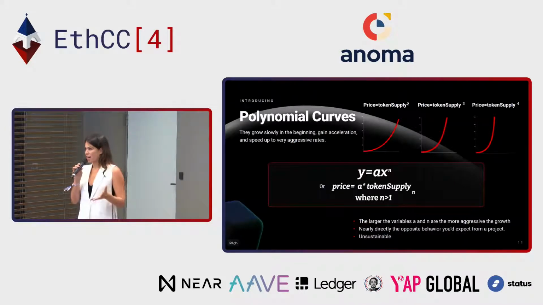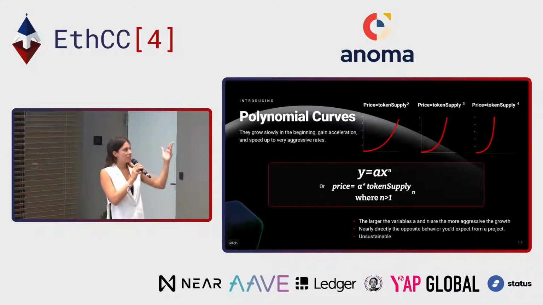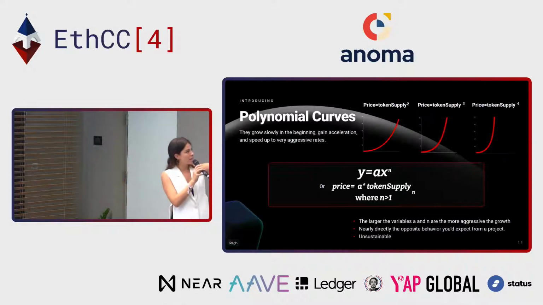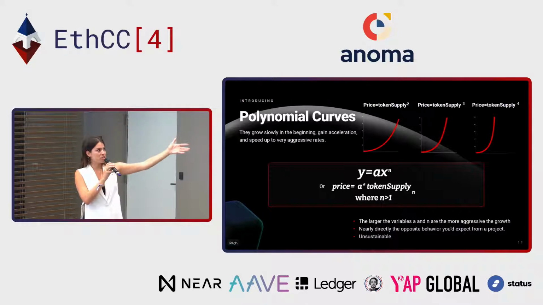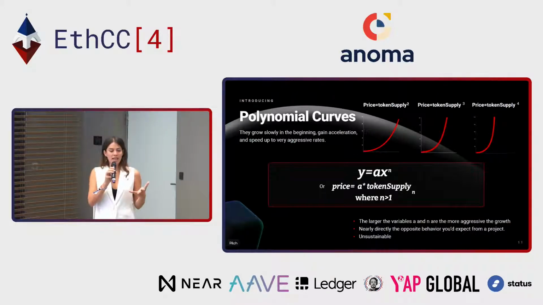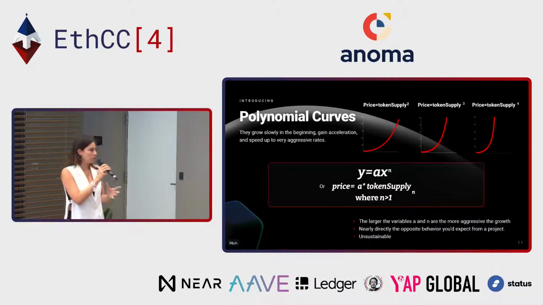This is about the exact opposite of what you'd want when you're launching a token for fundraising for a project, because you have your early investors come in there in the beginning, there's not much price movement, and then as soon as a lot of investors come in, it starts moving at unsustainable rates. So whether you were the first investor or the 10th investor, it may not make that much difference, but then you come in a little bit later and the price is just going wild, which really just is not very sustainable.